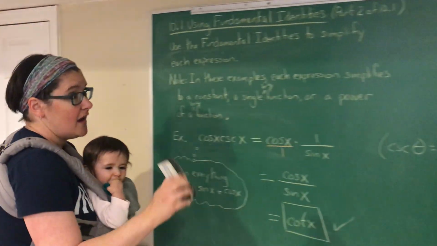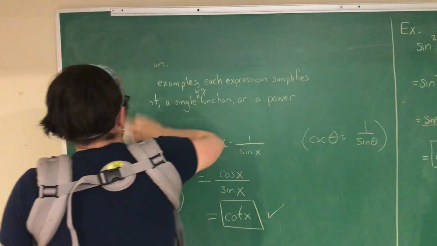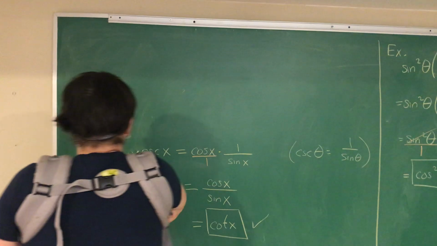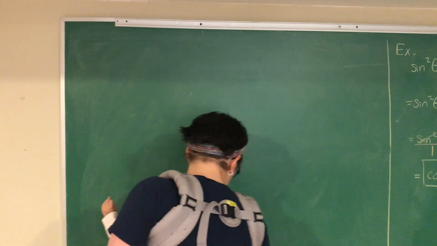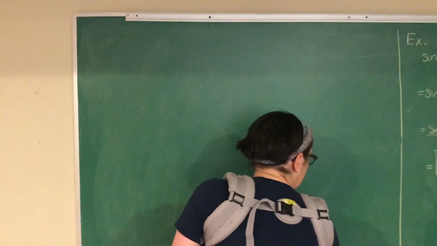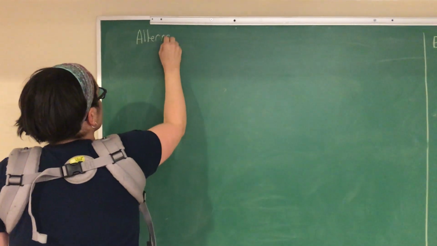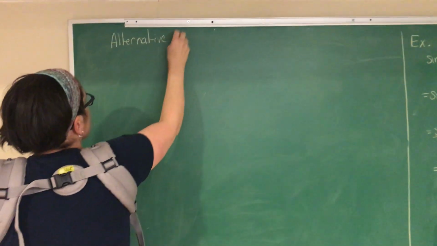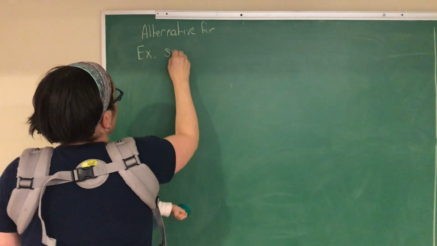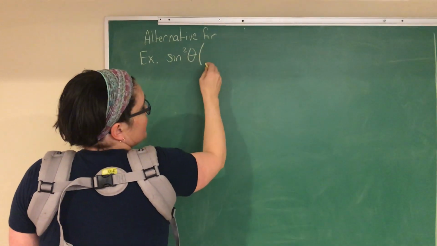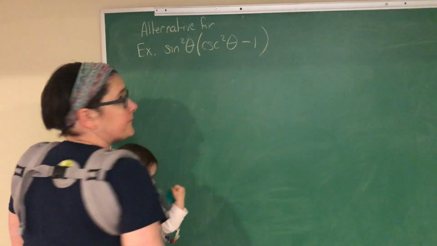Now I want to point out that there are a bajillion and one different ways that we can work on simplifying this stuff. So I want to talk about an alternative for this same example, where we started out with sine squared theta times cosecant squared theta minus 1.